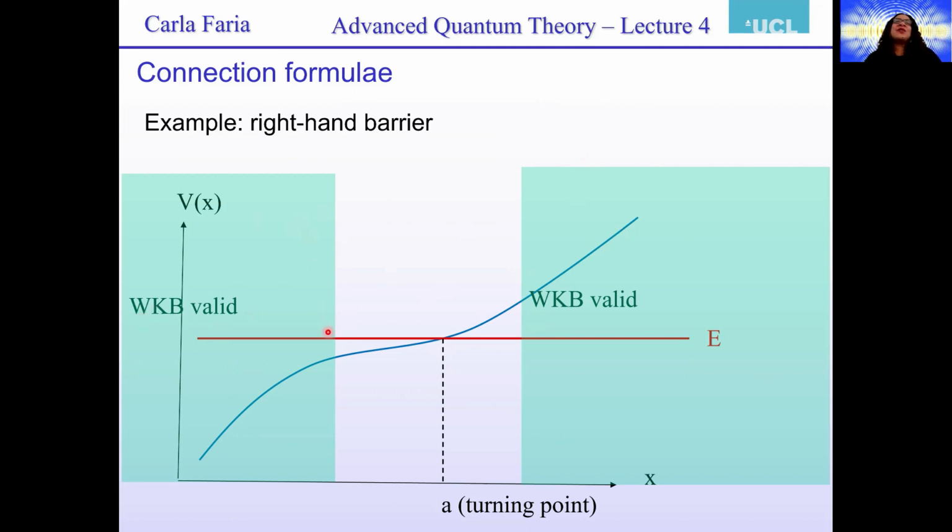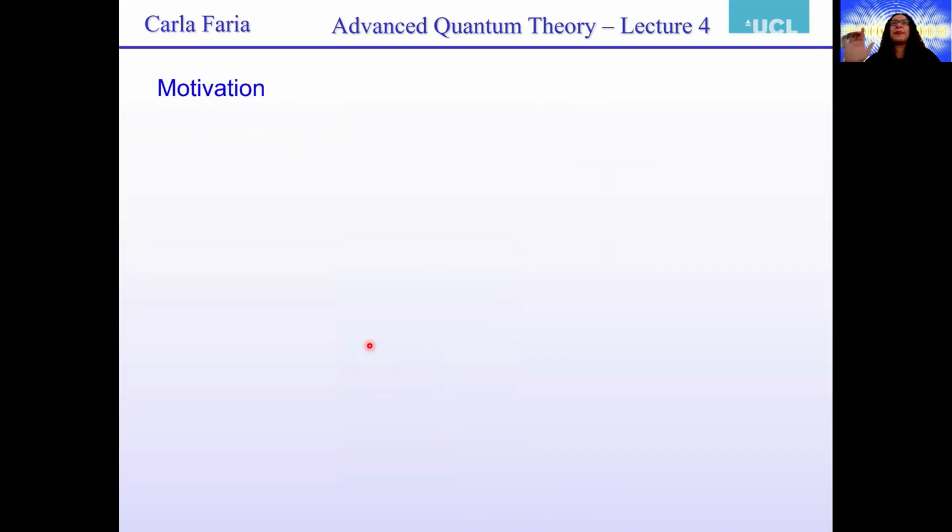But let's assume that given our circumstances, WKB is valid only starting from a certain point here and another point here. And a is our turning point. So we want to see what we're going to do in the vicinity of the turning point, so that we come up with a solution that in the limit is going to tend to the WKB solution.